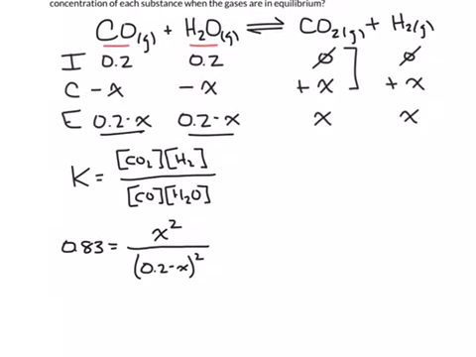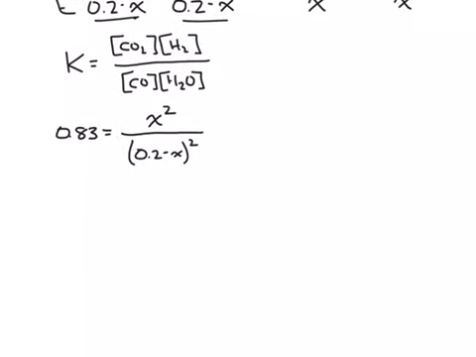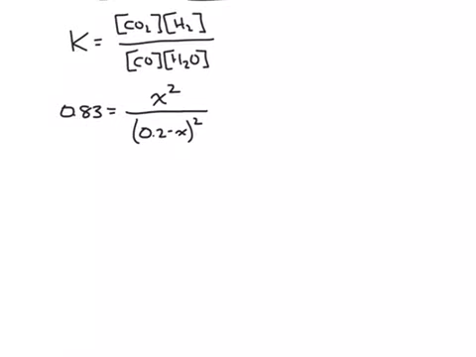All right. You can see how this starts to get kind of a pain. You'll never have questions where you have to use the quadratic equation. We'll always be able to simplify or make a little bit of an assumption. In this one, what I would do is, because both of the things on the right-hand side are squared, I'm going to square root everything.